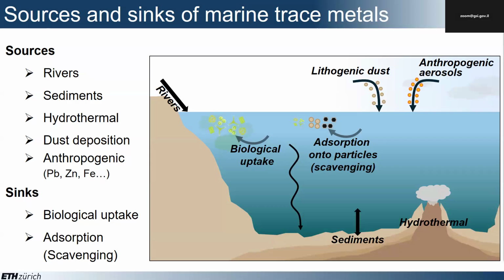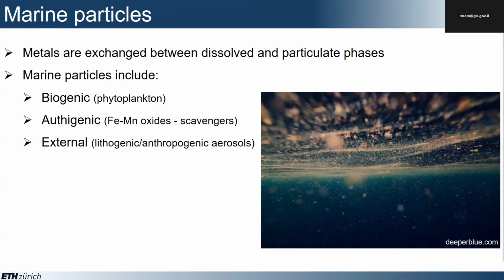This process of scavenging takes metals from the dissolved phase and puts them into the particulate phase. So we would expect metals that are affected by scavenging to be enriched in particles and depleted in the dissolved pool.